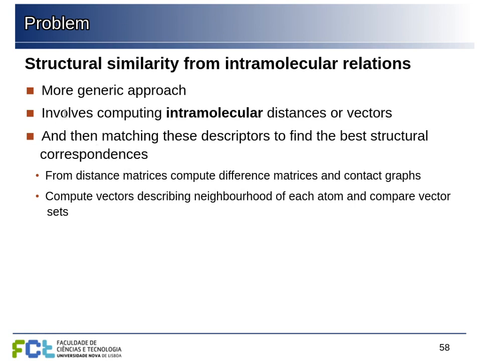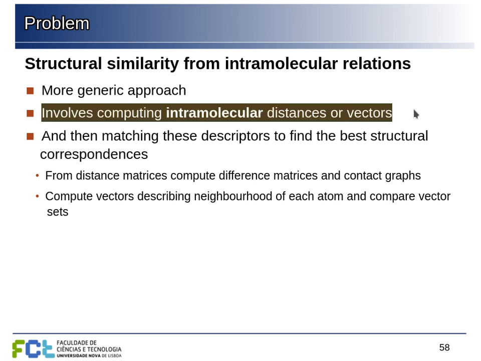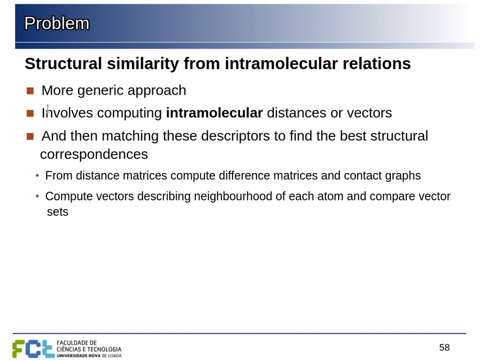In this case, we are going to create matrices of distances between all pairs of atoms in one protein, and then the same thing in the other, and try to match sets of distances in these matrices to find those substructures in the proteins that are more similar between the two. So from these distance matrices, we can compute differences between different parts of the proteins, and use these graphs to show us which parts we need to overlap more.